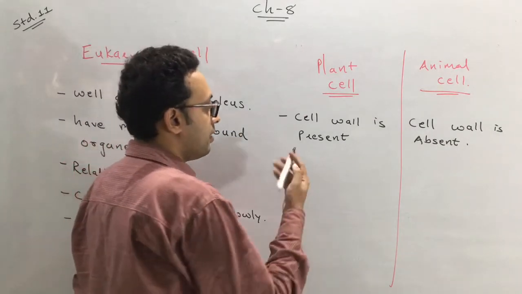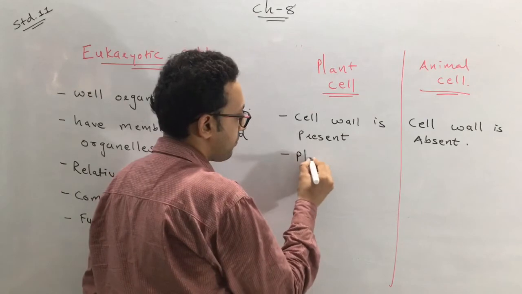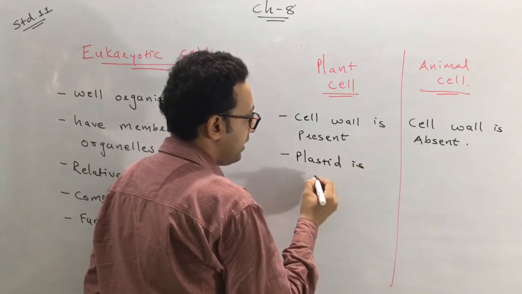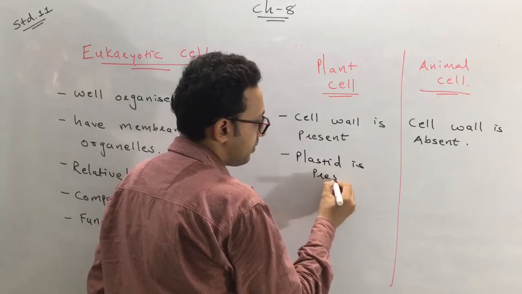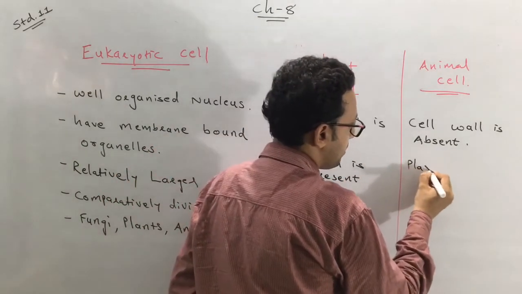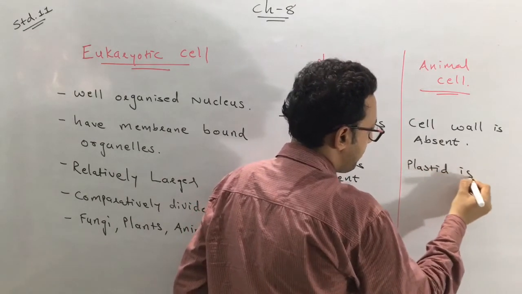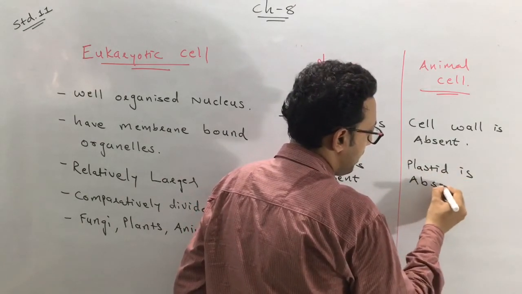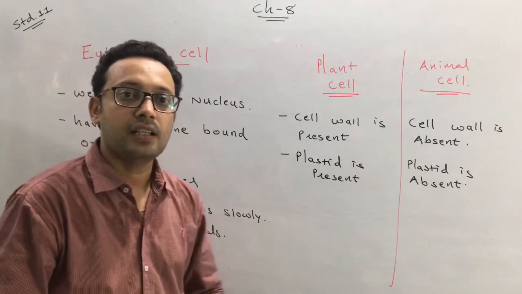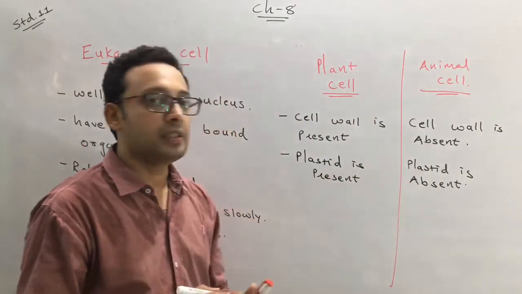The second one is plastid. The plastid is present in plant cell, but it is absent in animal cell. Plastid is found in plant cell, it is absent in animal cell.